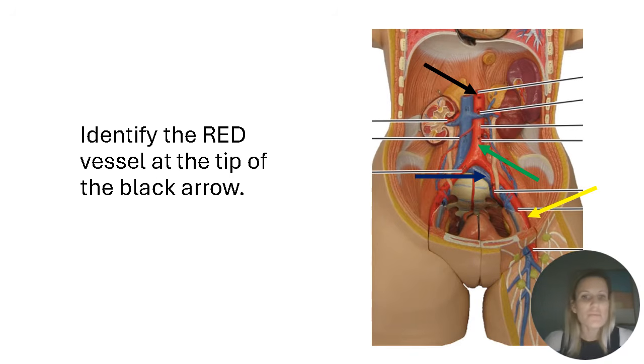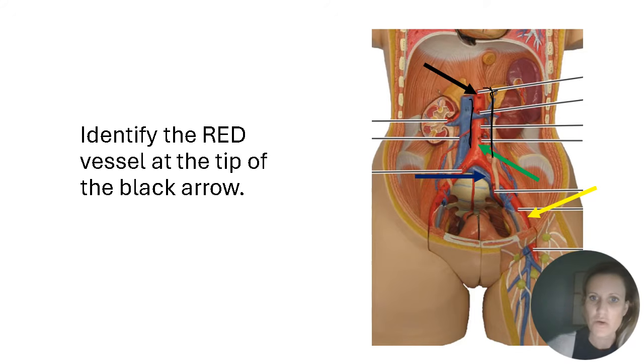Identify the red vessel at the tip of the black arrow. So we just mentioned this one previously. This is talking about that first branch off of the abdominal aorta. Again, this large vessel in the middle is the abdominal aorta, and it's got a couple key branches coming off of it.